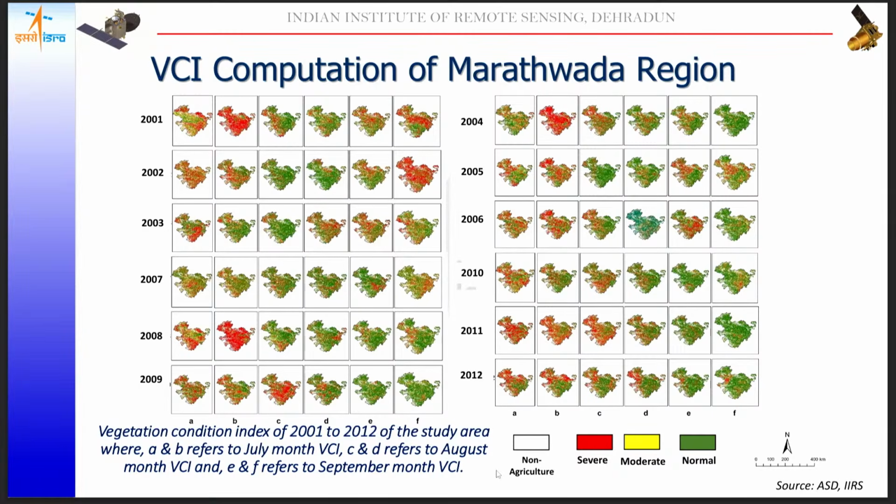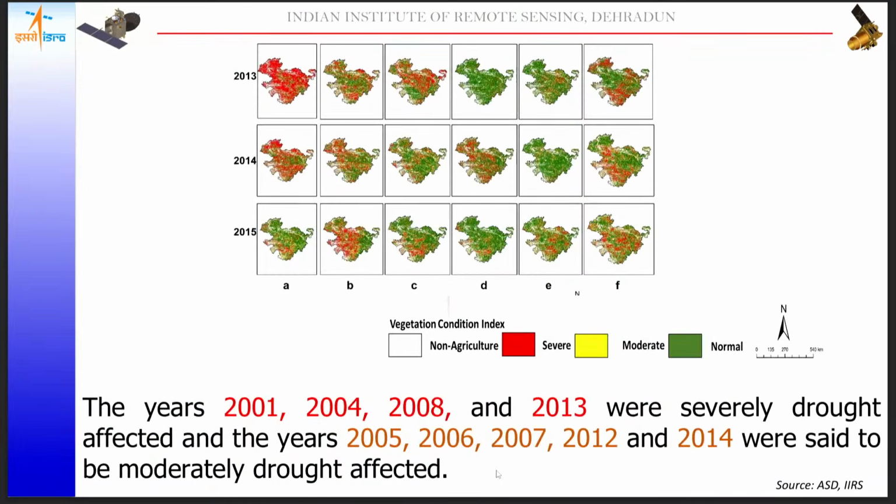With pixel by pixel, raster basis analysis results, you can analyze the results in a more detailed manner, as well as the spatio-temporal variability of the drought conditions in any specific area.